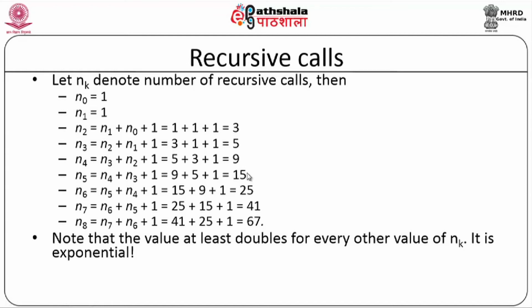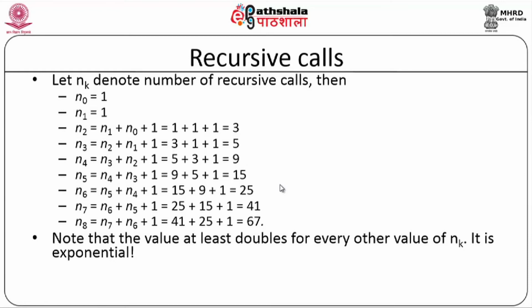So, you can see the sequence like 3, 5, 9, 15, 25, where you can see that for every value of n, the number of recursive calls is becoming more and more. In other words, it is becoming an exponential algorithm.